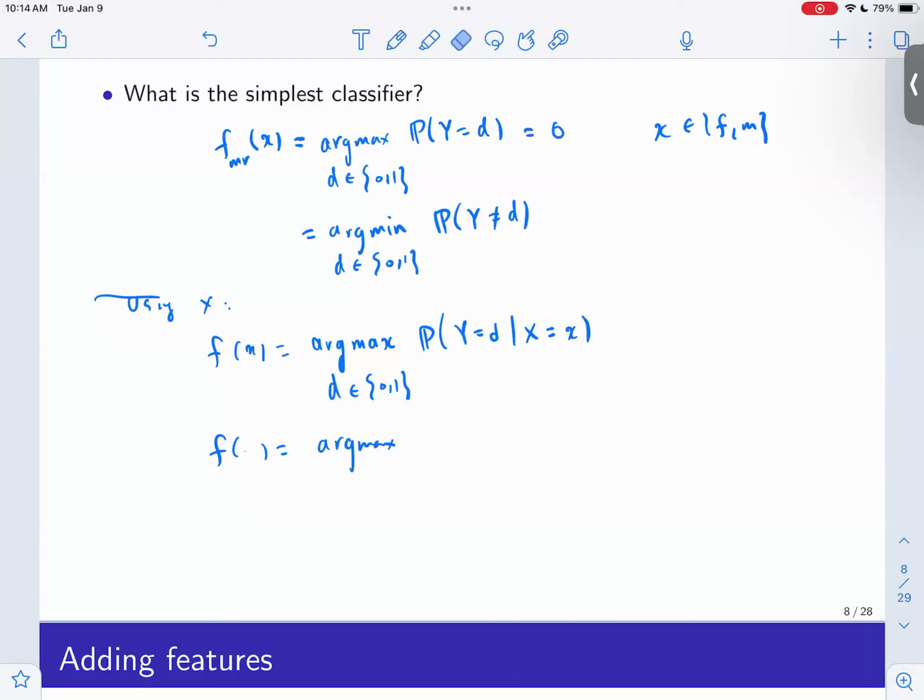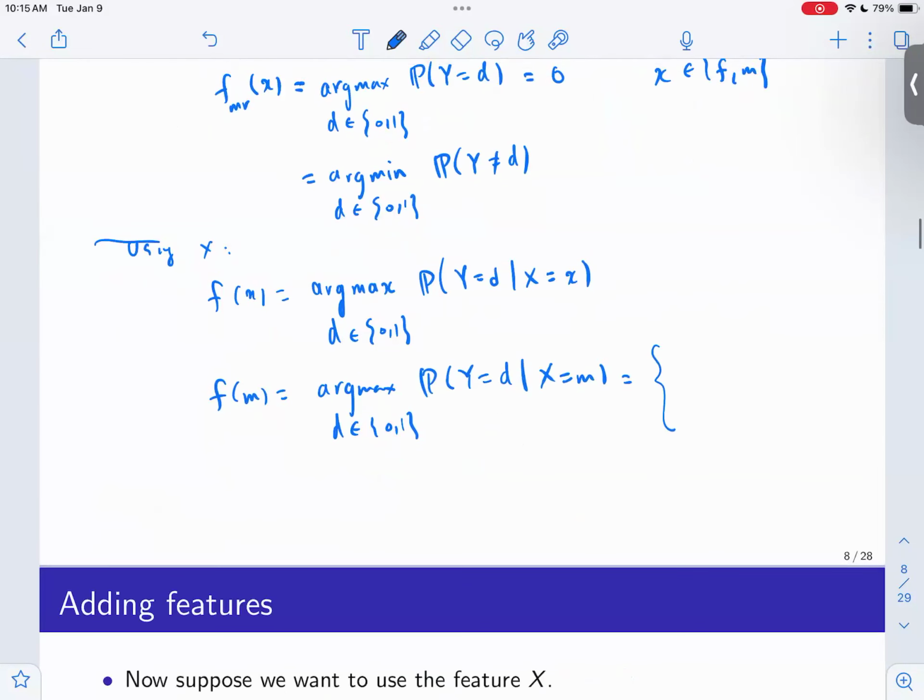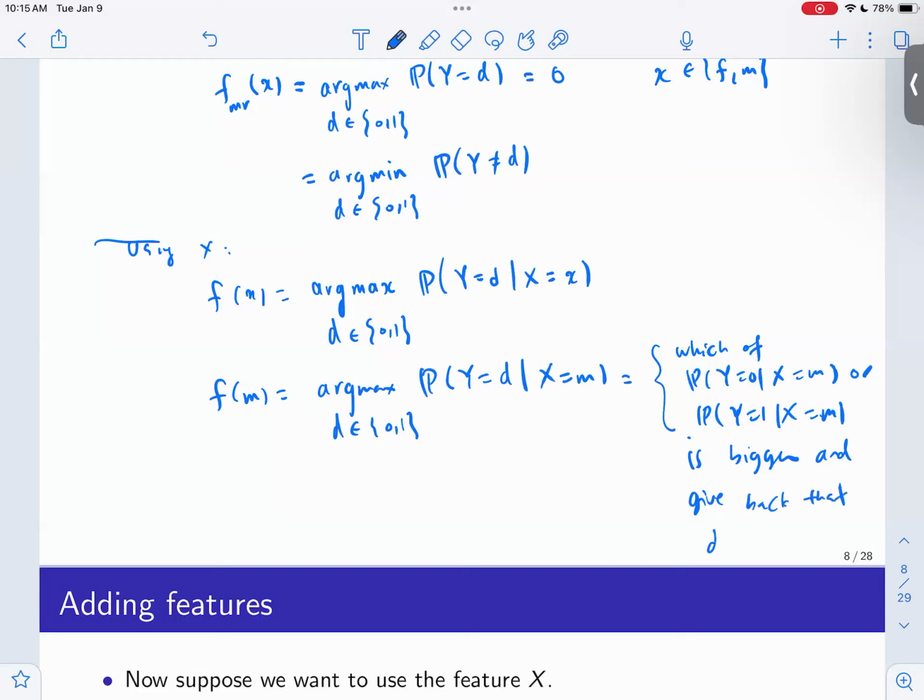So let's say M. The probability that Y is equal to d given X is equal to M, d in {0, 1}. This is just saying look at which of the probability of Y equals 0 given X is equal to M, or the probability of Y equal to 1 given X is equal to M, is bigger, and give back that decision.